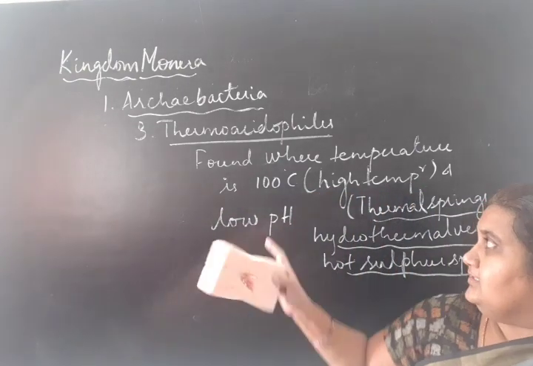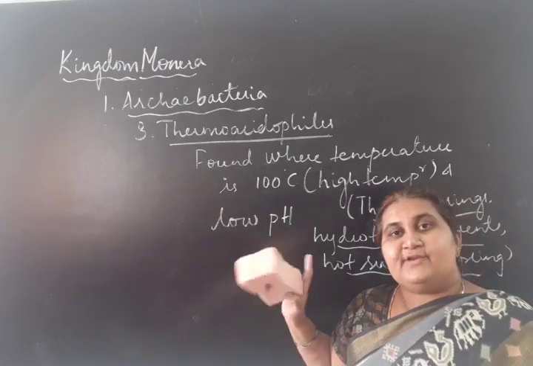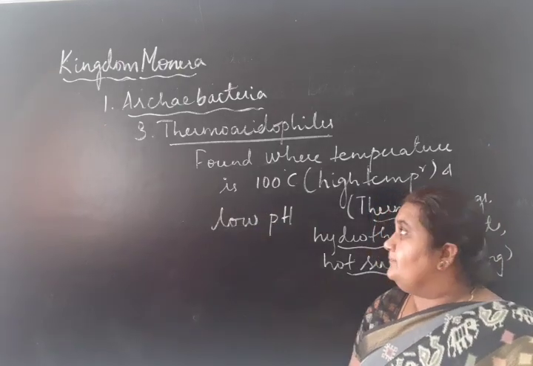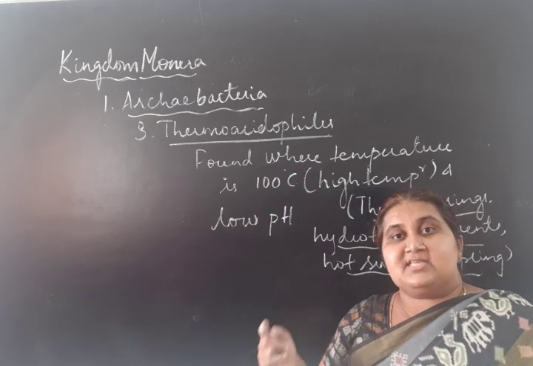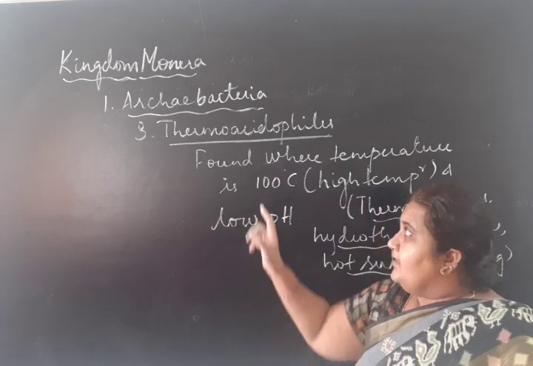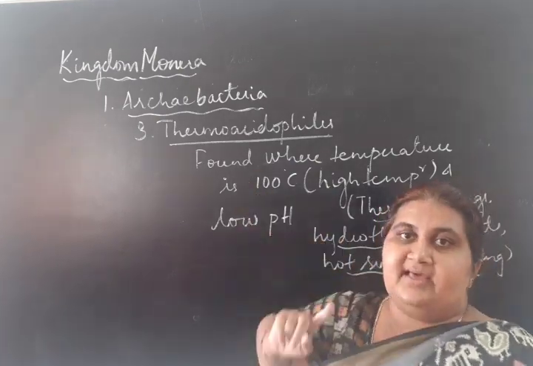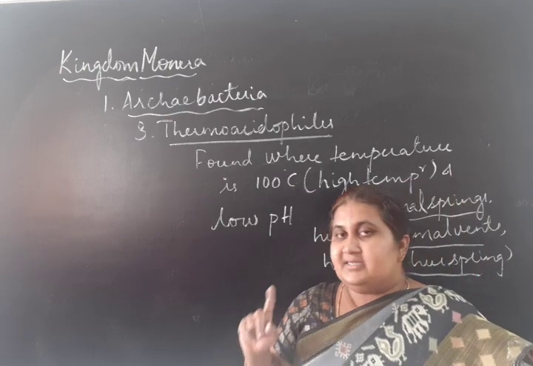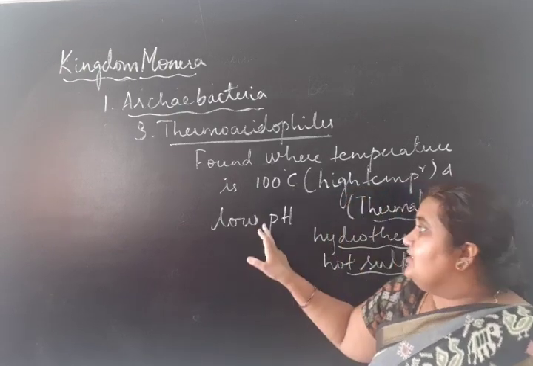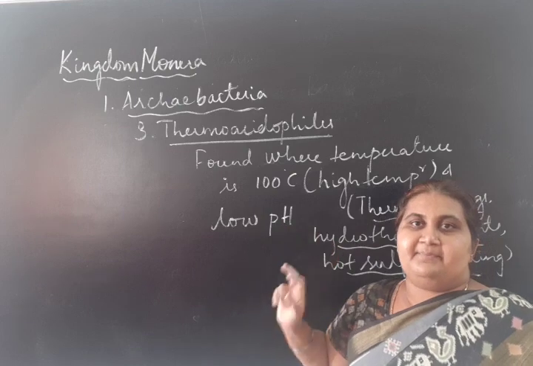So methanogens are found in marshy areas, halophiles where there is high salinity, and thermoacidophiles where there is high temperature as well as low, acidic pH.